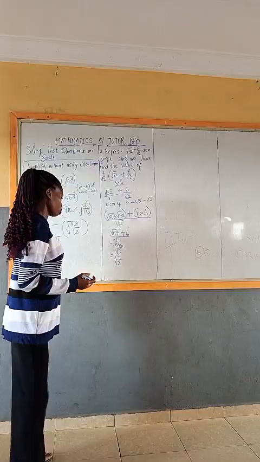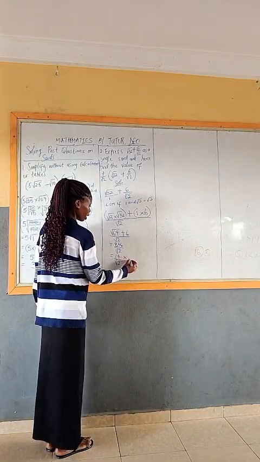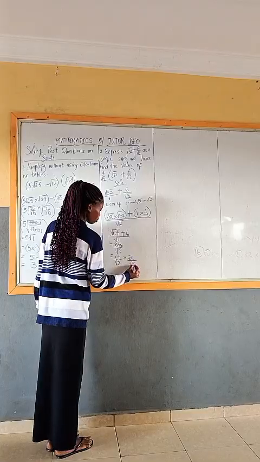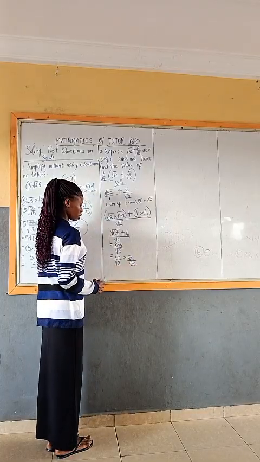So we multiply by root 2 in the numerator side, and we also multiply by root 2 in the denominator side.